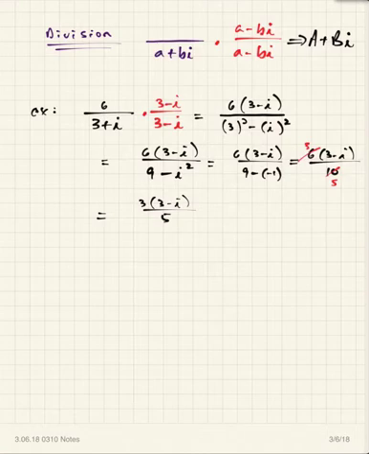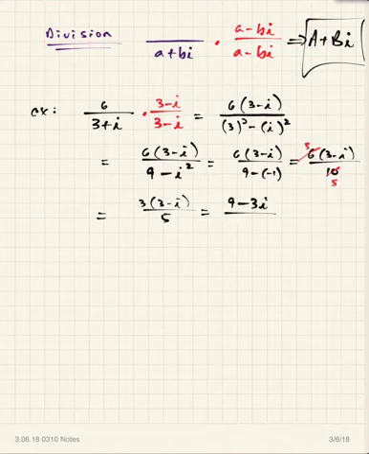Now, if you left the answer like that, I would probably not penalize you for writing it that way, but WebAssign probably will, because WebAssign is going to want you to write the answer in a plus bi form at the end, and this is really not in a plus bi form. So what you should do is multiply this out at the end. You have 9 minus 3i over 5. Then don't even write it that way.